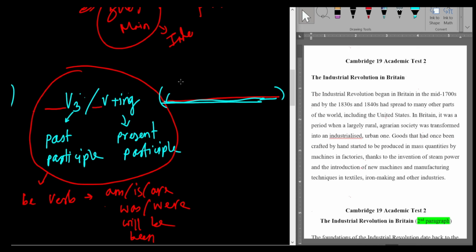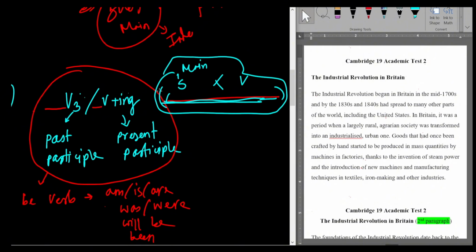This means we will not try to find any subject or verb, especially the main subject or the main verb, inside this part. So what is this part? This part will be after V3 or V plus ing, where there is no be verb before the V3 or V plus ing.